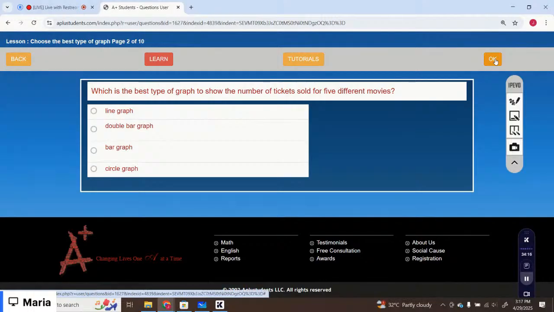Which is the best type of graph to show the number of tickets sold for five different movies? So which is the correct option?